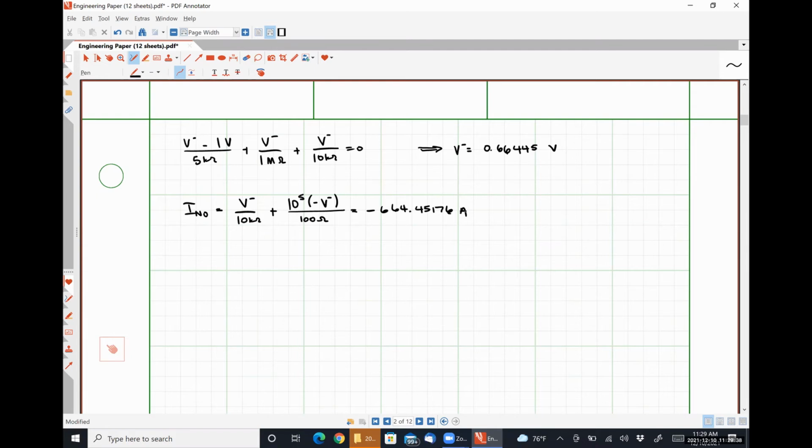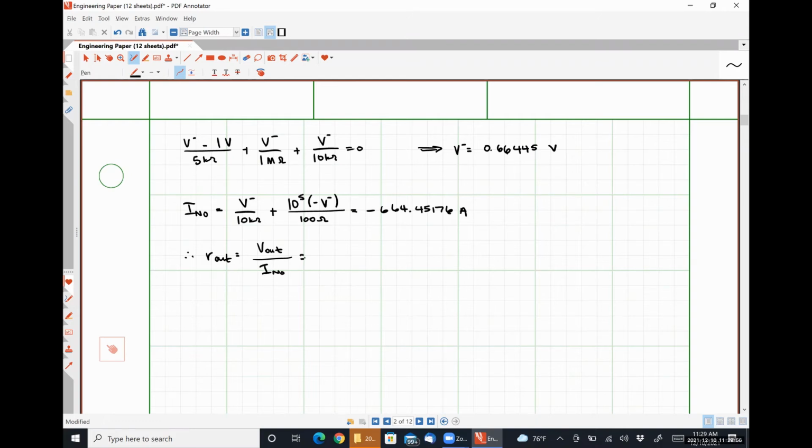And then from this, our output resistance is our V out from our initial analysis divided by I Norton.